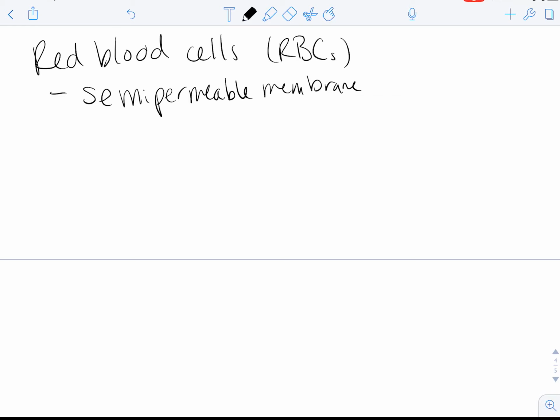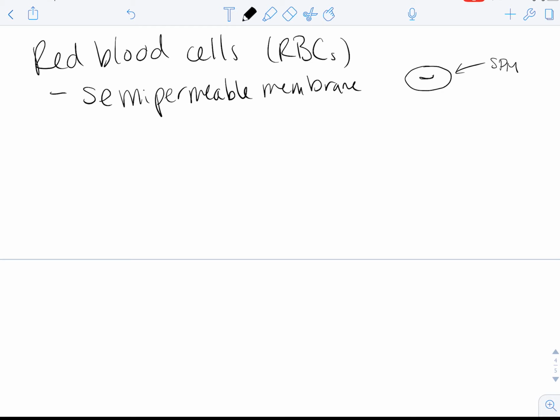That semipermeable membrane holds all the stuff inside the red blood cell. A red blood cell looks like this, kind of a little divot. This is the semipermeable membrane, and inside the red blood cells is all the cellular things that you have inside, and red blood cells are going to be within a bloodstream.